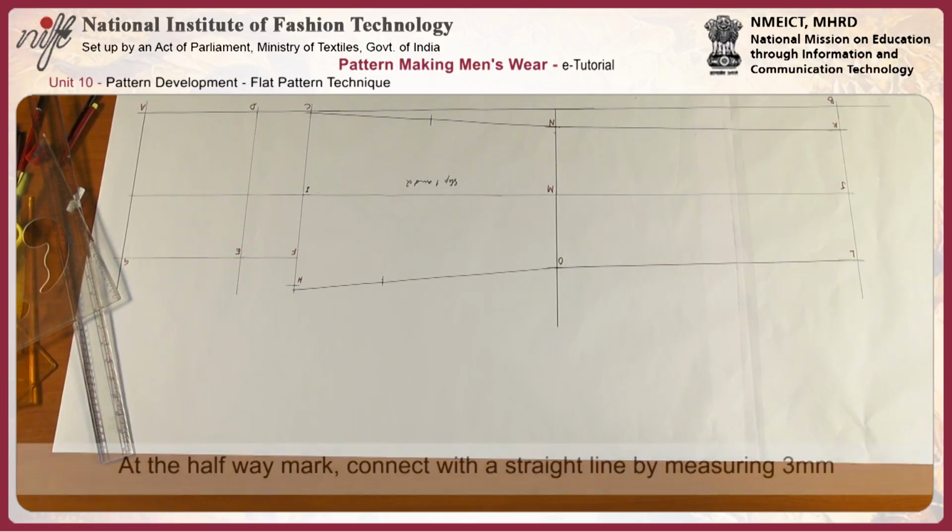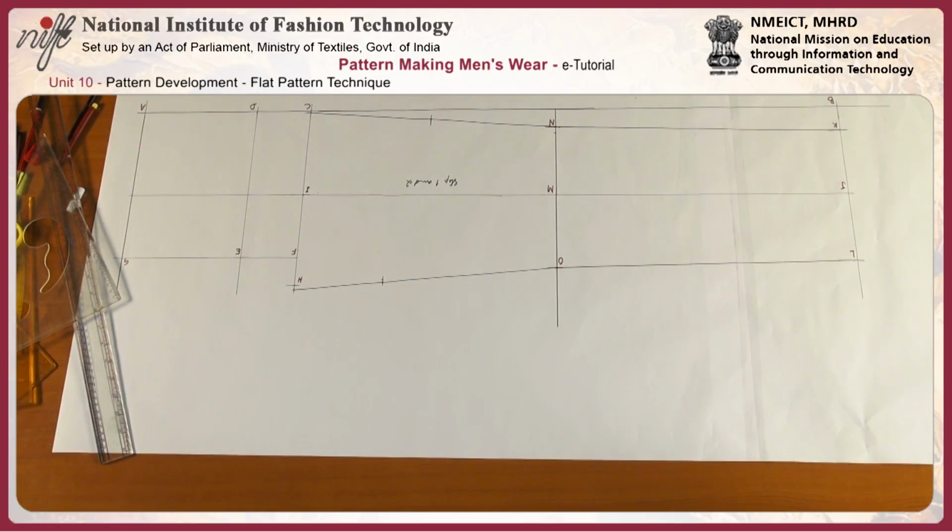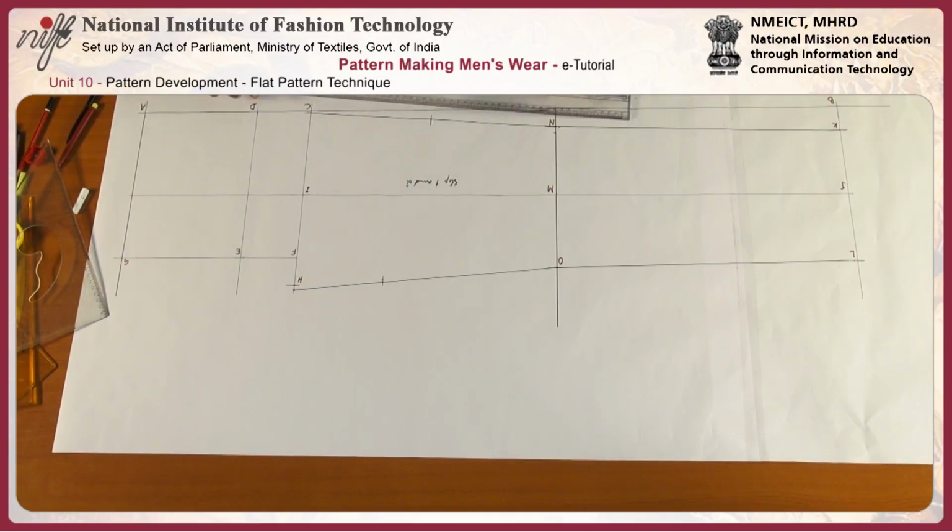In the half mark, that is towards the side seam, connect with the straight line by measuring 3 mm.